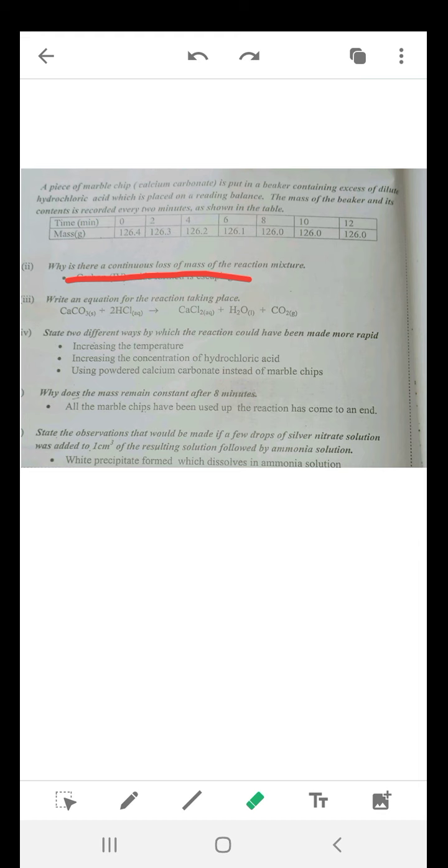So when they react, the traces of acid react with silver nitrate. It will form silver chloride.